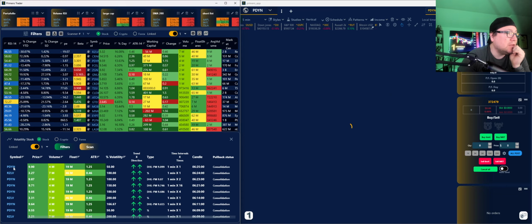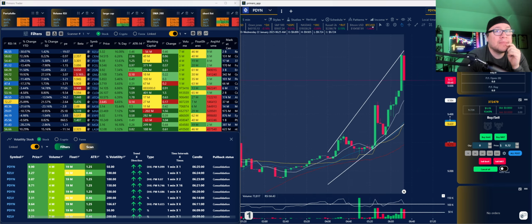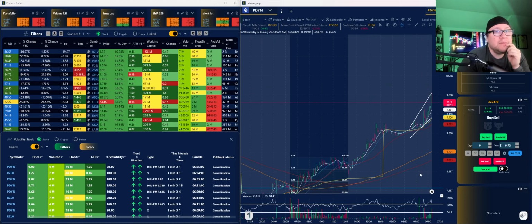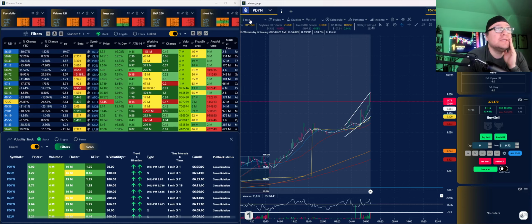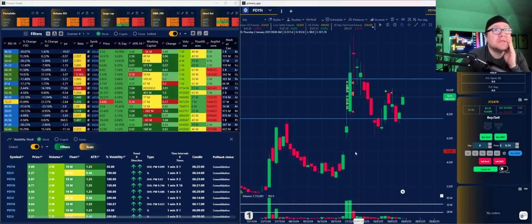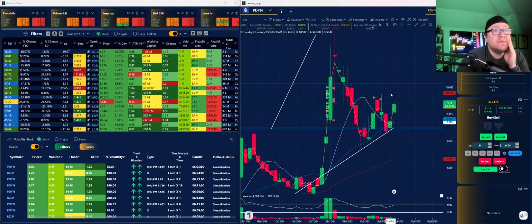It's giving me PDYN. What's the float? 19 million. It's a pretty decent float. We have done trades there before, so there's potential here.